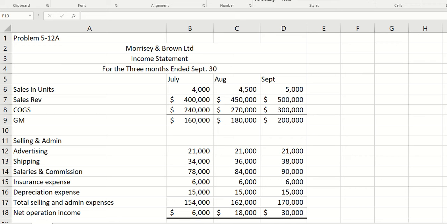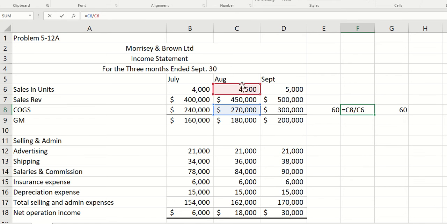We're trying to identify our expenses that are going to be fixed, mixed, or variable. So cost of goods sold, if it's a true variable, we could take this 240,000 divided by the number of units and see. When I'm making 4,000 units, my cost of goods sold is $60 per unit.